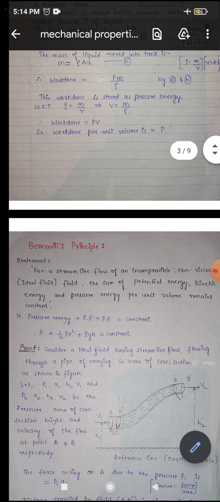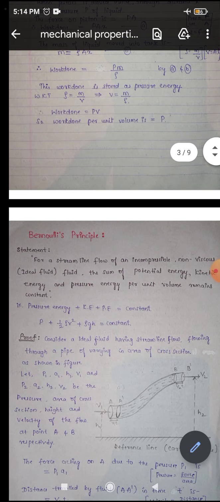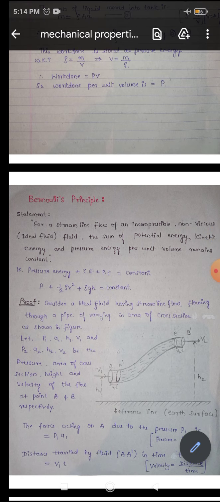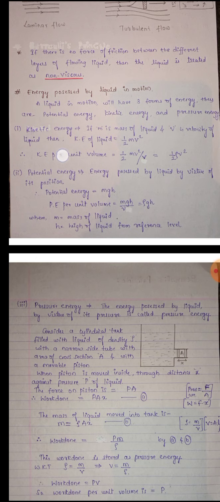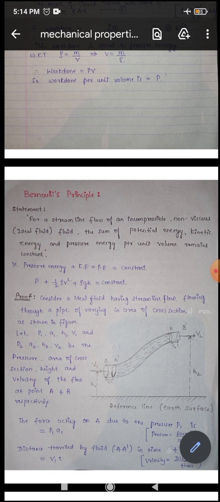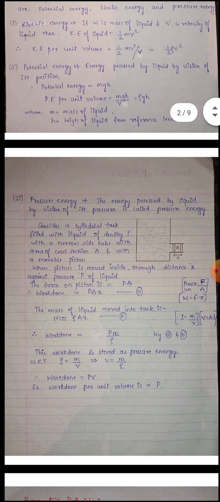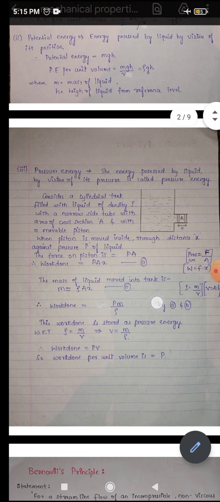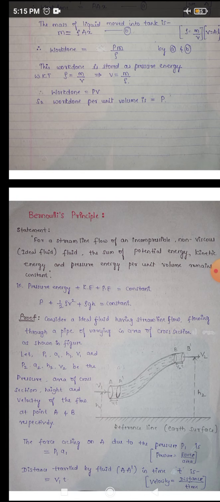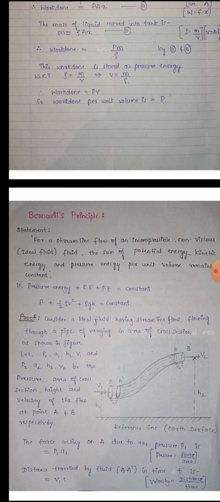So the pressure energy per unit volume is P, plus kinetic energy per unit volume, half rho V square, plus potential energy per unit volume, rho GH. These all are equal to constant in case of an ideal fluid having a streamlined flow. So this is the statement of Bernoulli's principle.